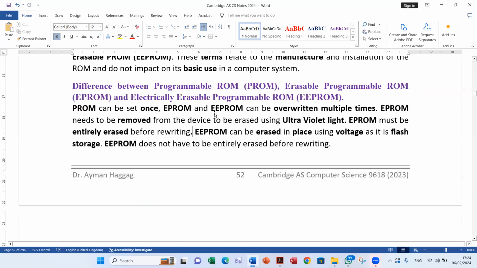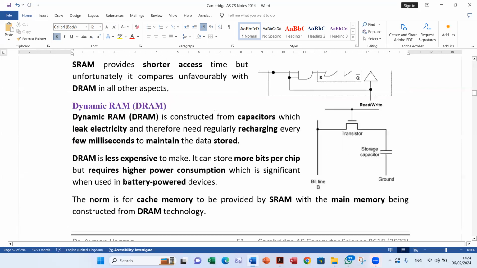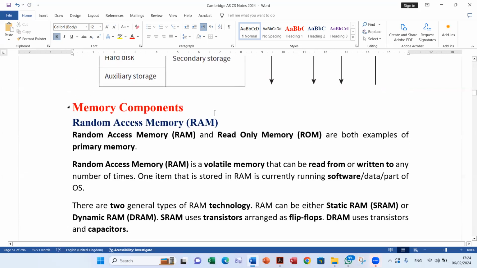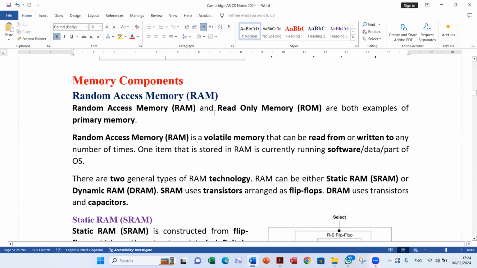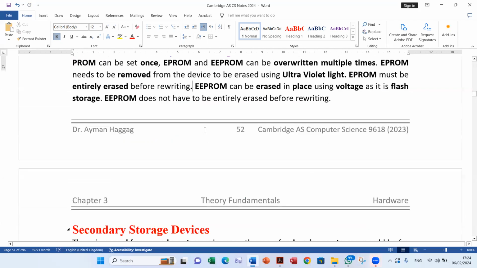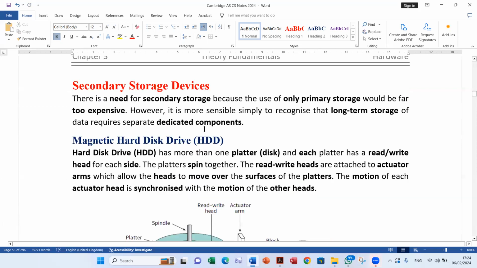Okay, so that was a bit about primary storage. Okay, memory component, that's the primary memory. Now we go to the secondary storage, that is the hard disk. We have two types of hard disk, HDD and SSD.